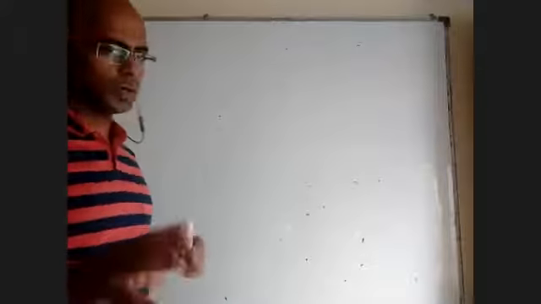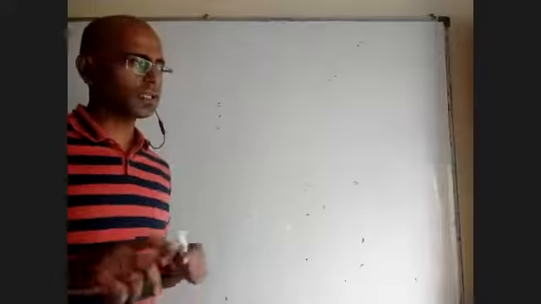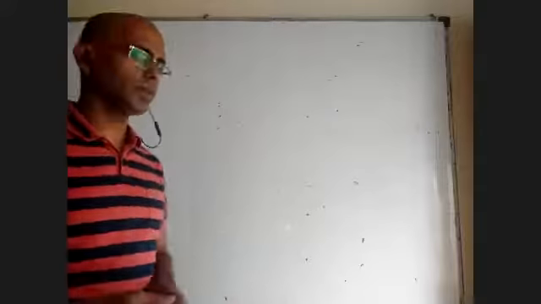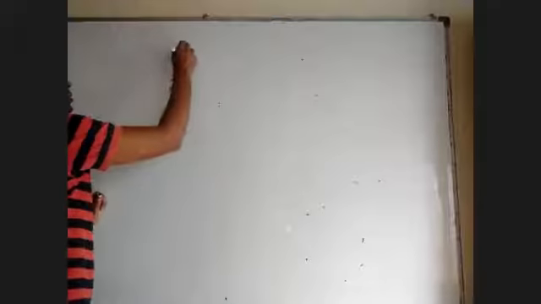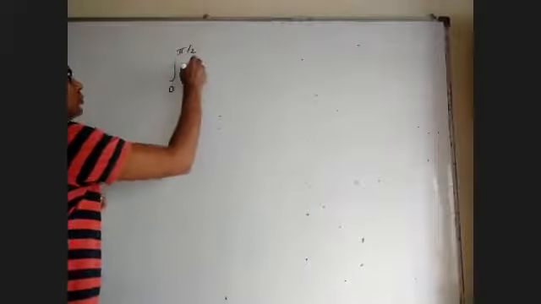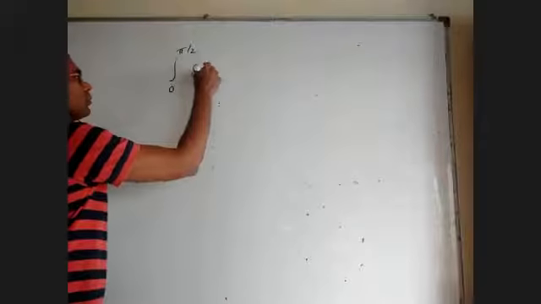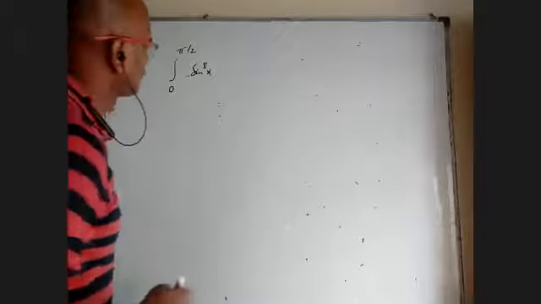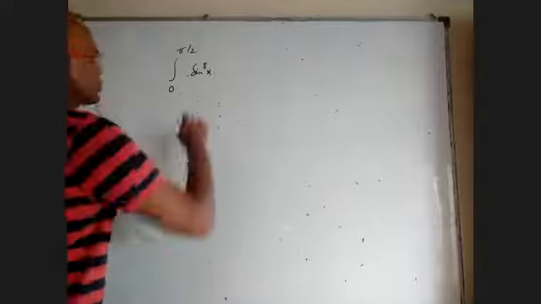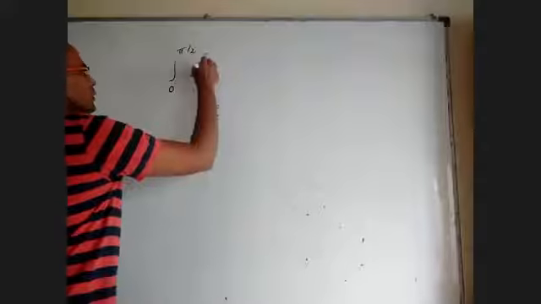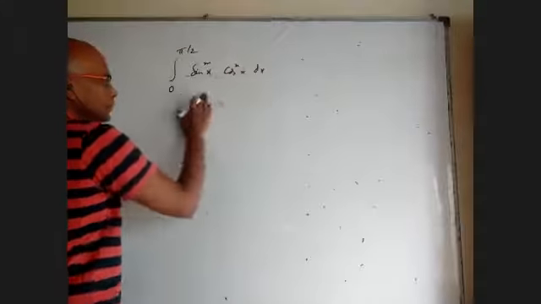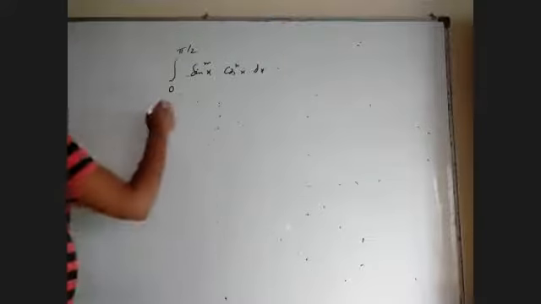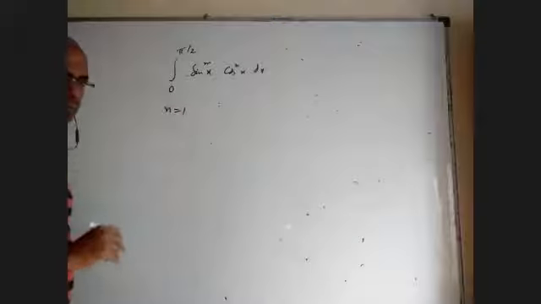First, we'll discuss four cases, and later on we'll see that in two cases only we can combine everything. Integral 0 to pi by 2 of sine power m x, cos power n x dx. Let us take n equal to 1.